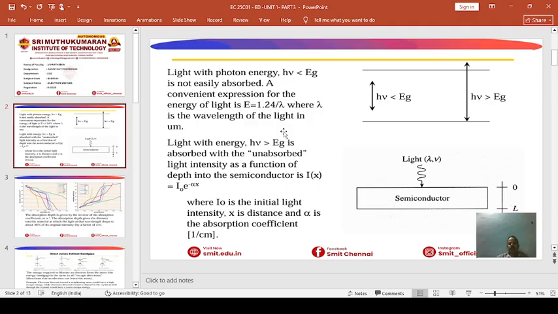Light with energy hν greater than Eg is absorbed, and the unabsorbed light intensity as a function of depth is depicted in the semiconductor. The semiconductor, as well as other materials, has been classified in the diagram very clearly.